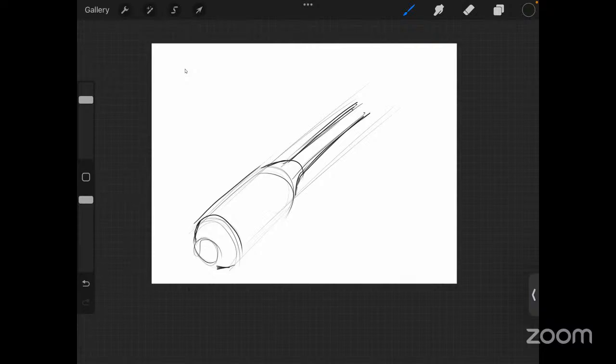And again, imagine this to be something like an organic material which is flexible enough.